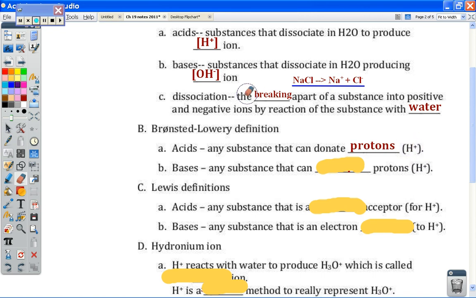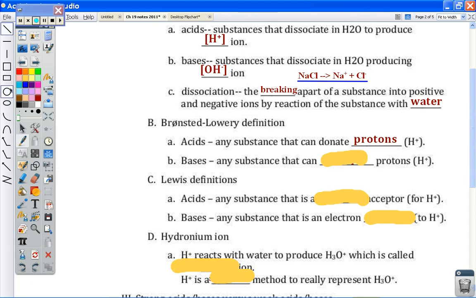So, mind you, what does a hydrogen ion look like? Well, if we go back to what atoms look like, remember, we have this nucleus in here that has got a positive charge.